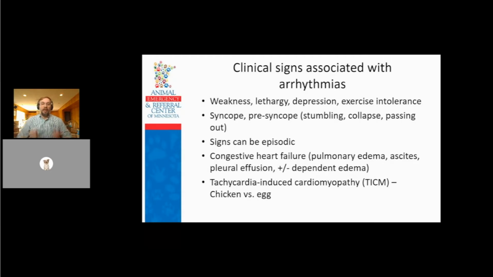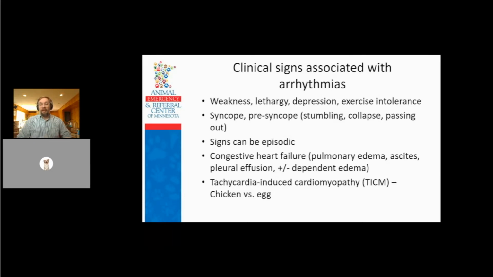The dog's normal and all of a sudden he trips, falls, passes out for about 20 seconds, and he's back up like nothing happened. That's pretty common with intermittent arrhythmias. But then we can have arrhythmias that are ongoing and sustained. You have a dog come in lethargic, dumpy, comatose with arrhythmias.